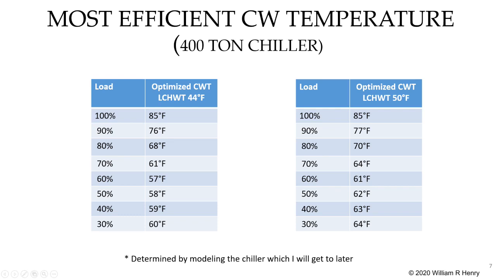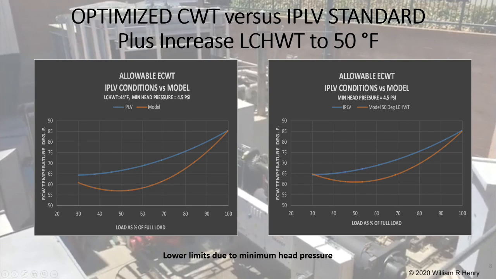Now we can compare these operating profiles to the AHRI 550 profile described in the previous slides. This set of curves compares the AHRI 550 profile with the 400-ton chiller. The upper or blue curve represents the AHRI 550 profile, and the lower red curve represents the profile for the 400-ton chiller.